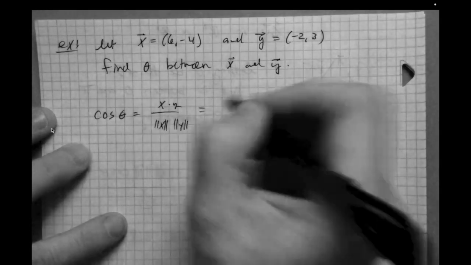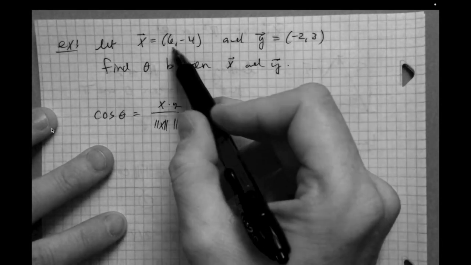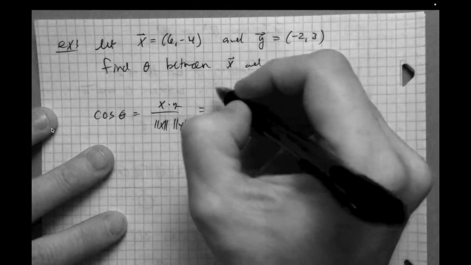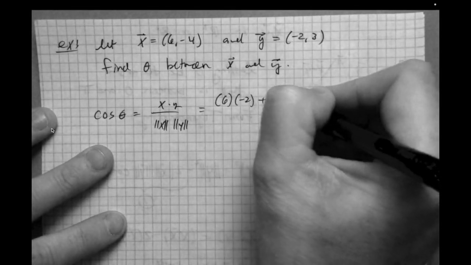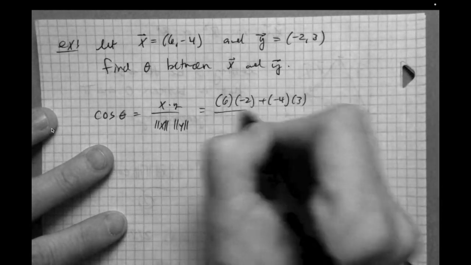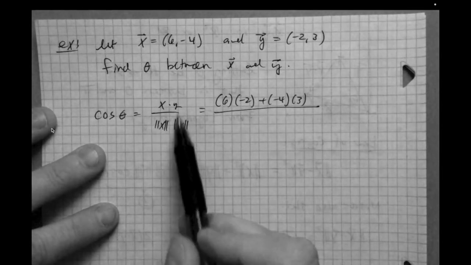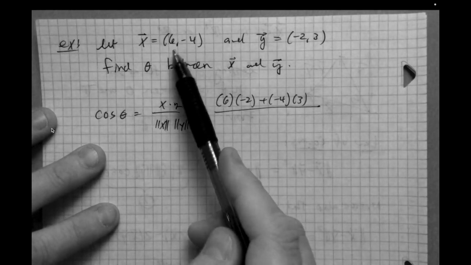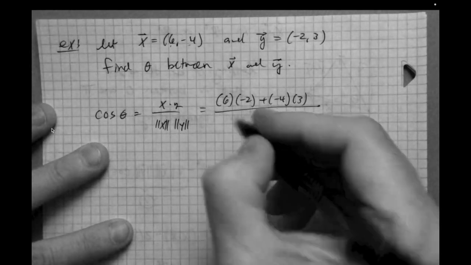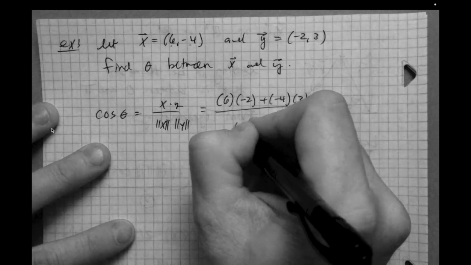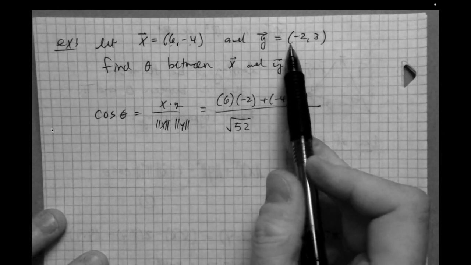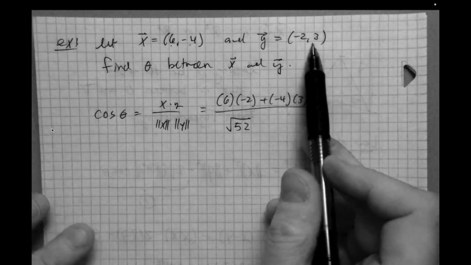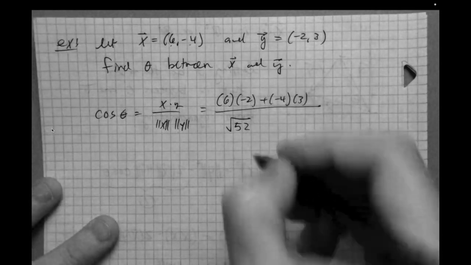Okay, and so in this case, x dot y is going to be, well, let's write it out. So it'll be 6 times -2 plus -4 times 3. The norm of x is going to be the square root of 36 plus 16, so that is the square root of 52. The norm of y is going to be the square root of 4 plus 9, and so that is the square root of 13.